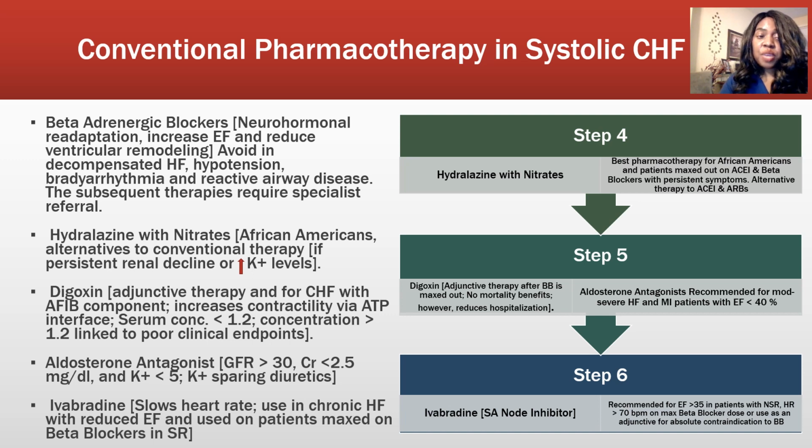Serum levels greater than 1.2 is linked to poor clinical endpoints or outcomes. Aldosterone antagonist recommended for GFR greater than 30, creatinine less than 2.5, and potassium less than 5. Aldosterone antagonist is considered a K+ sparing diuretic.